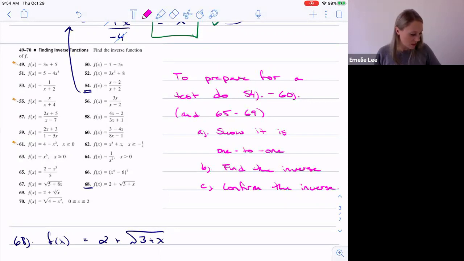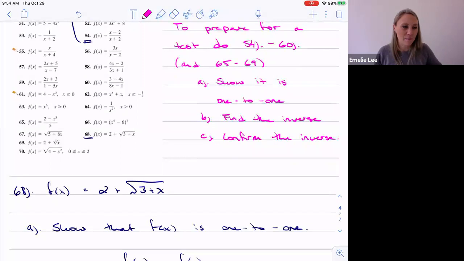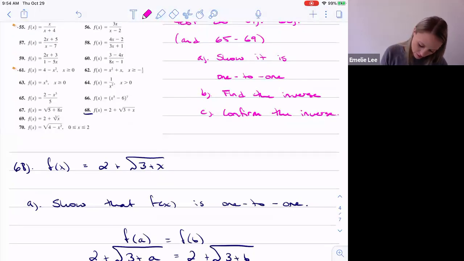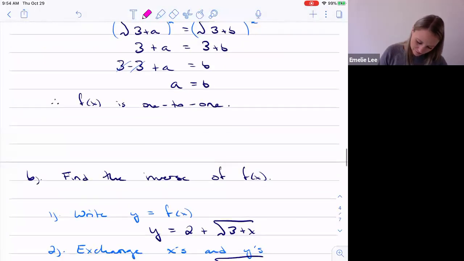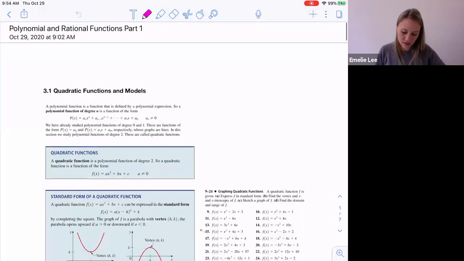I guess we can do a little break before we head into the polynomial and rational functions. Let's see here. So I posted these polynomial and rational functions, part 1.